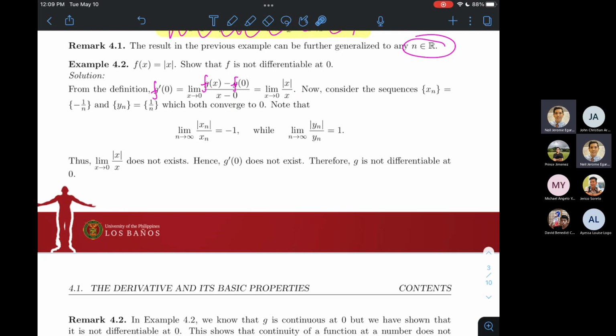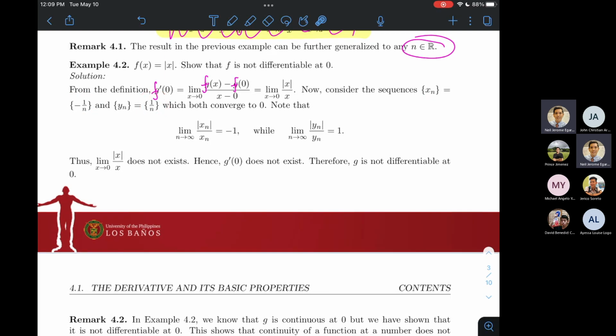So magko-consider ako ng dalawang sequences na magko-converge kay 0. Specifically, the sequence of x_n's that is equal to negative 1 over n and the sequence of y_n's that are equal to 1 over n. Note na parehas sila ay magko-converge papunta kay 0. Pero pag binuo ko yung sequence of function values, for instance, the absolute value of x_n all over x_n, pag kinompute ko yan, yung negative 1 over n kasi, sir, ay negative yan kasi yung 1 over n ay positive.